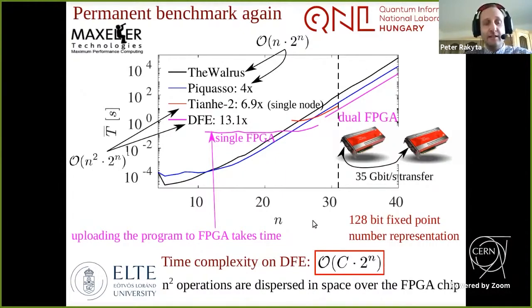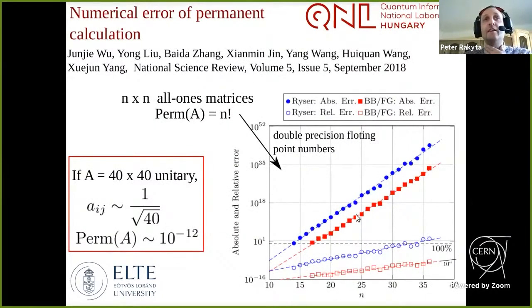And it turns out that in quantum computing, there are many such matrix functions where you need to have such precision. Here is an analysis of that Chinese group, estimating the error of the individual implementations.